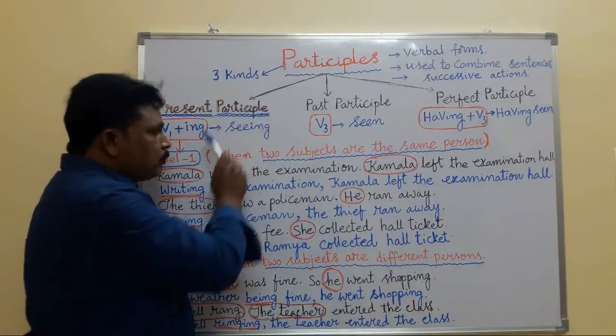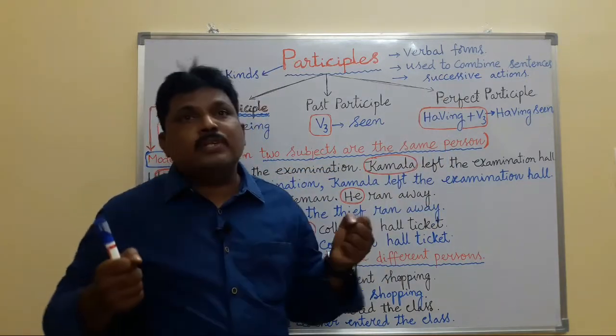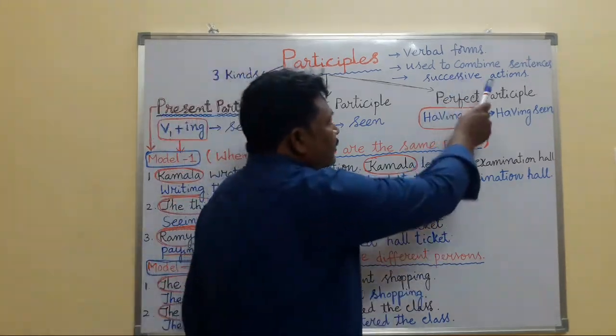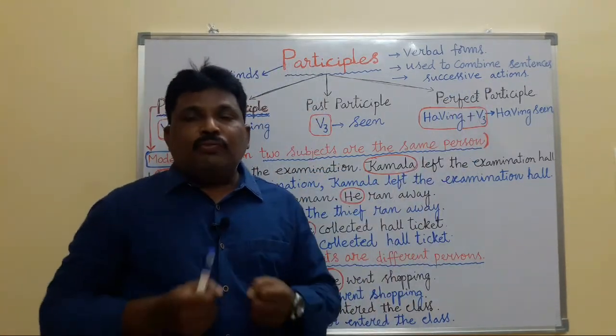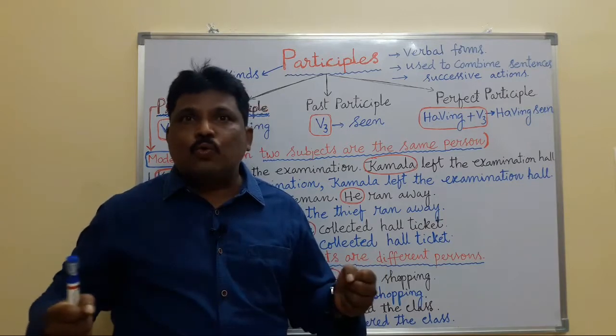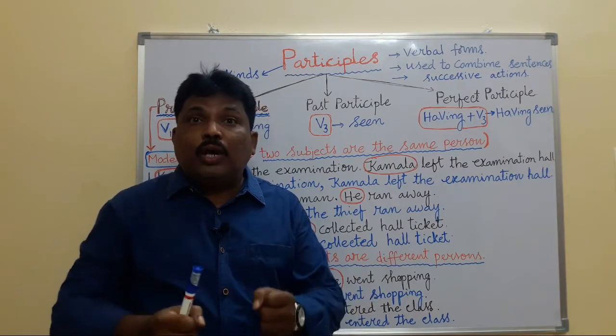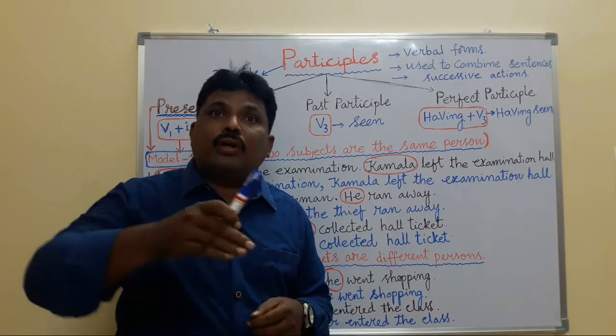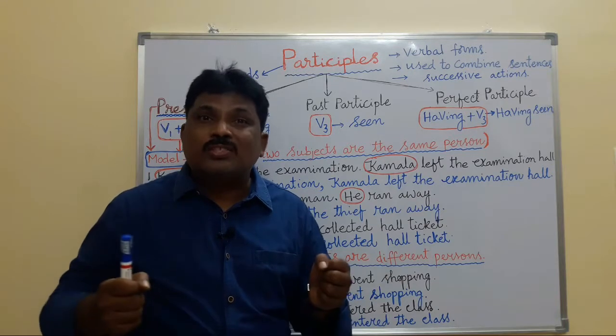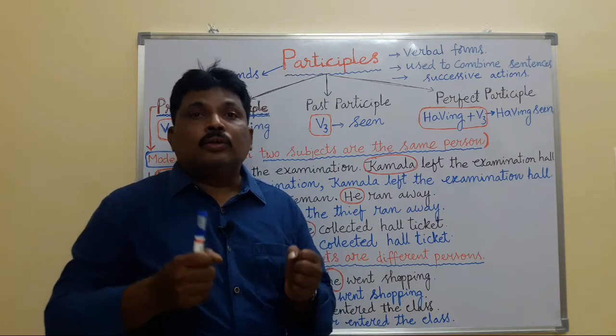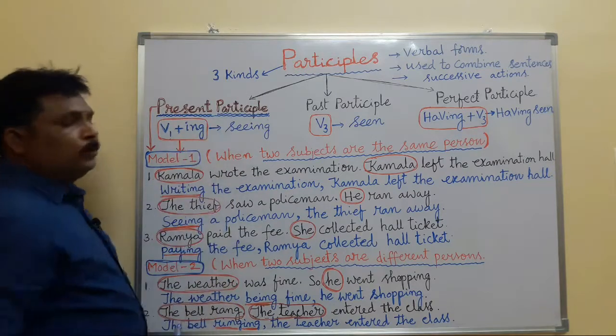The present participle is used to combine two sentences which are successive actions. If two actions happened one after another, to combine those two successive actions, present participle is used.